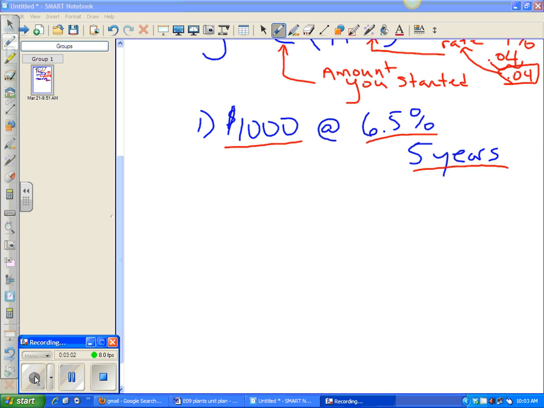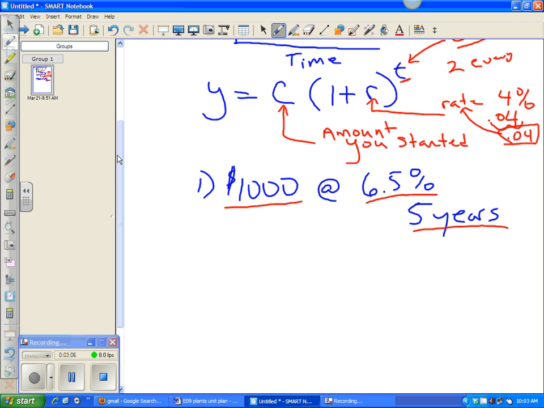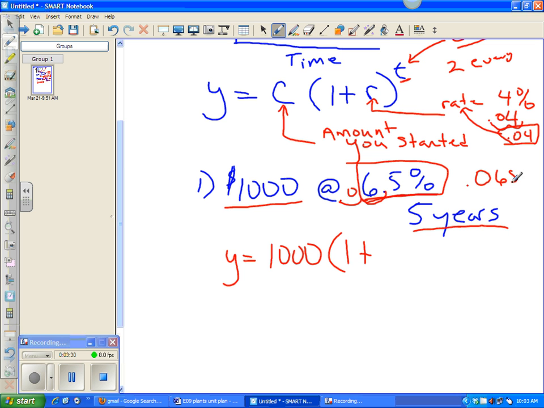So here's the amount. Well, if you go back up to the formula, in which C is your beginning amount, you put y equals 1,000. You put your parentheses. You put the 1 plus the rate. In this case, the rate is 6.5. The way I change this, I move the decimal over 2 places in order to make it a decimal, which gives me 0.065.